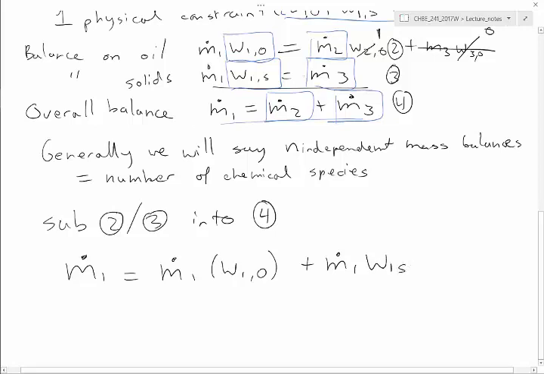So M3 is equal to M1 W1 solids, and M2 is equal to M1 W1 oil.